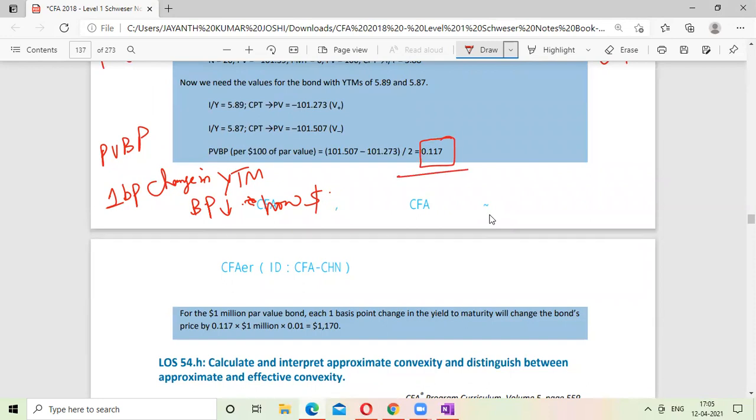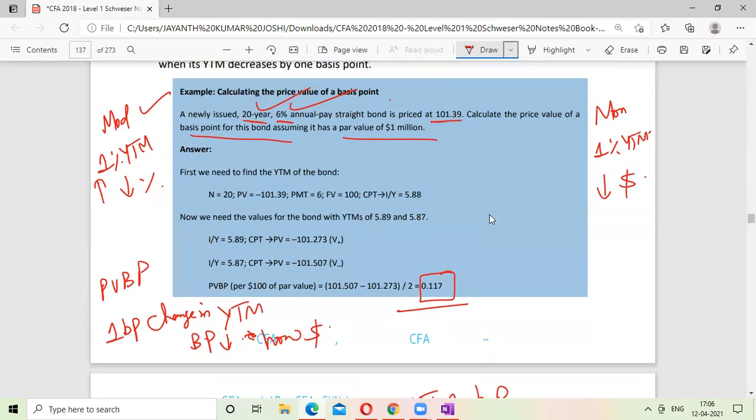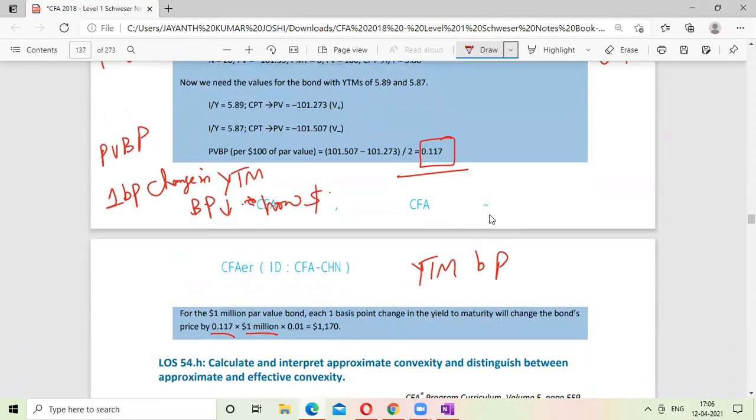For a $1 million par value bond, each 1 basis point change in the yield to maturity will change the bond's price by the cents into $1 million. It will change the bond's total value. मतलब अगर आपका yield to maturity 1 basis point से इंक्रीज भी हो रहा है, डिक्रीज भी हो रहा है, तो यहां पर दोनों में लिया है उसने. तो आपका प्राइस वैल्यू ऑफ द बेसिस पॉइंट ये दिया हुआ है.